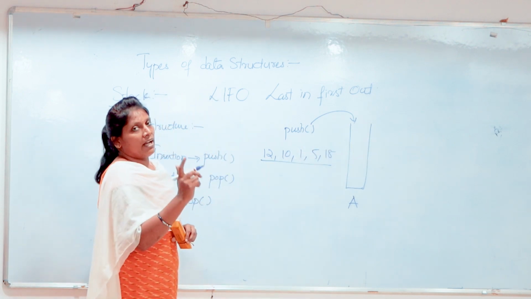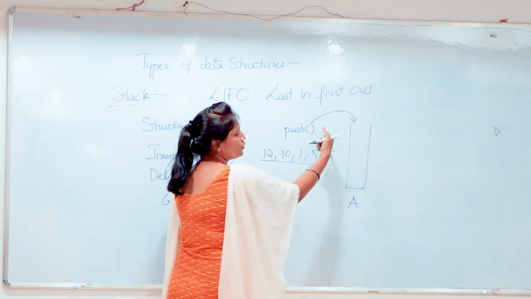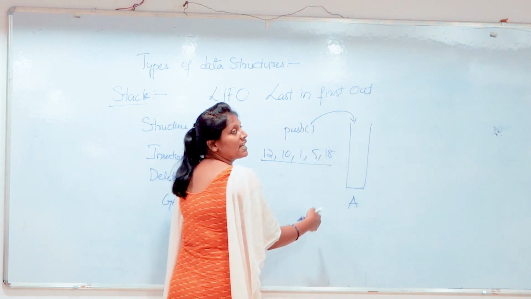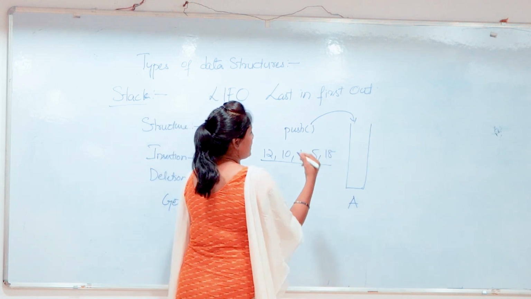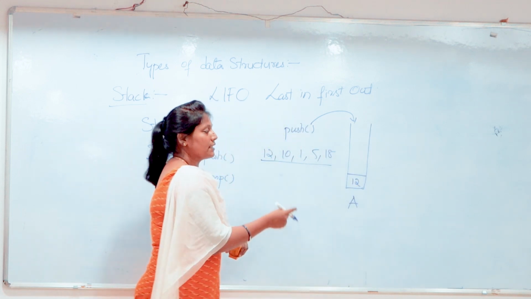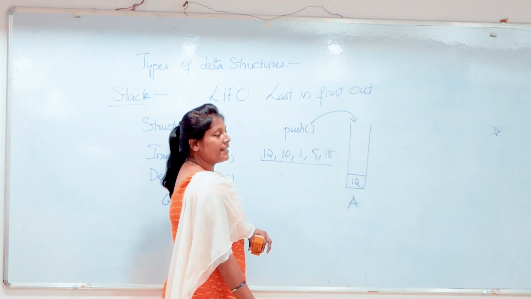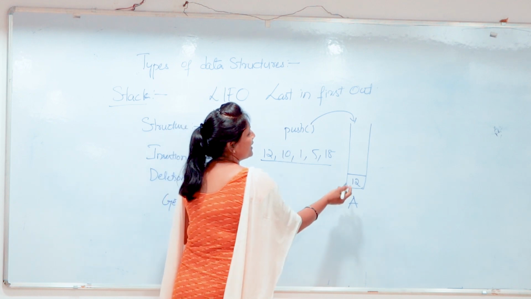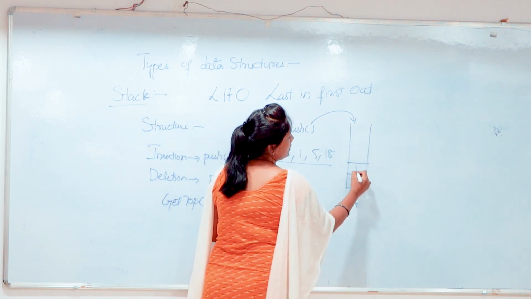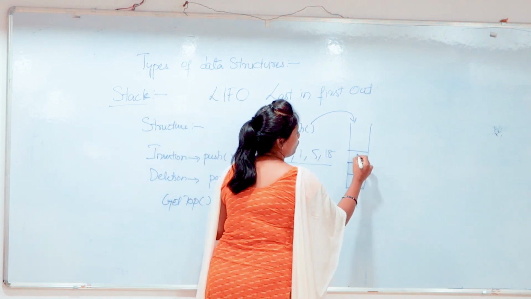Now, one by one, we will be pushing each and every element onto our stack using the push operation. The first element is 12. The push operation is performed and it is inserted here. The second element is 10, and 10 will be placed here. Next is 1.